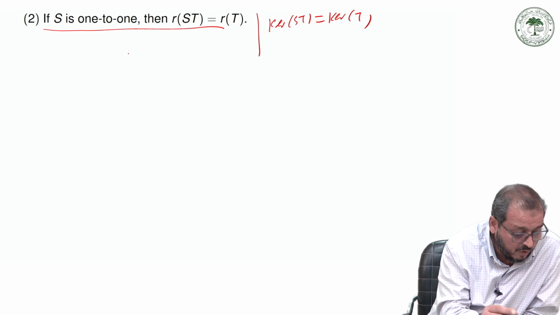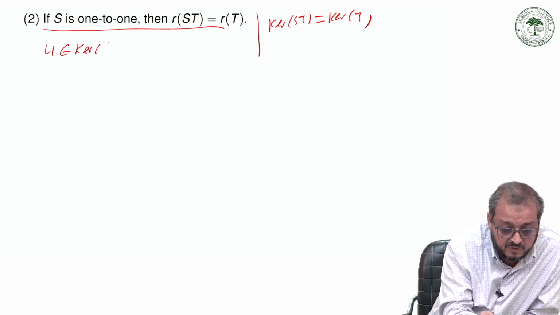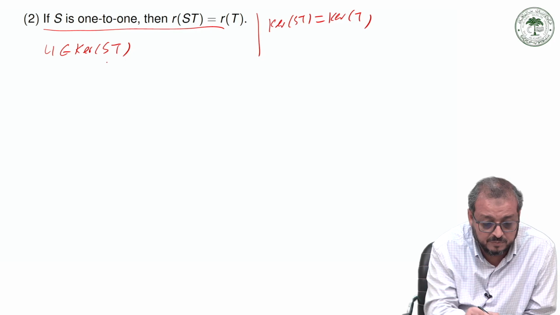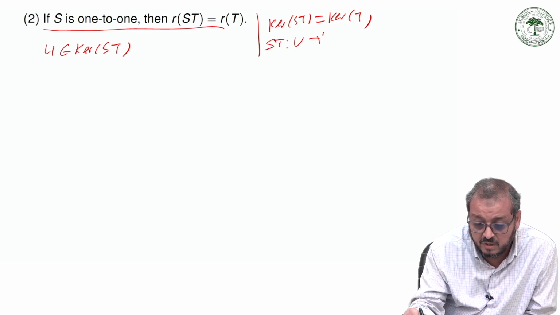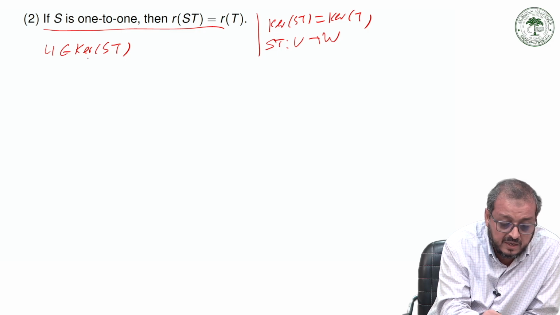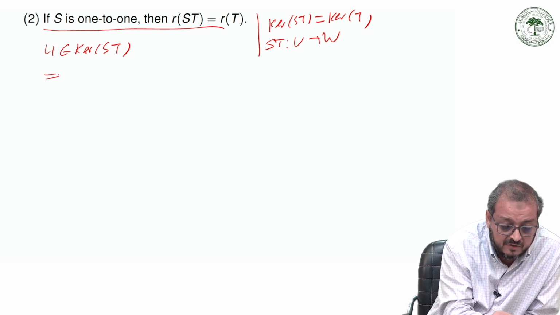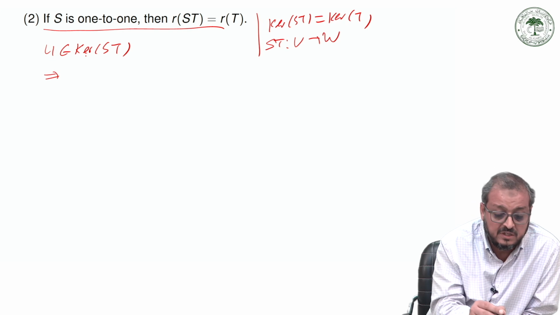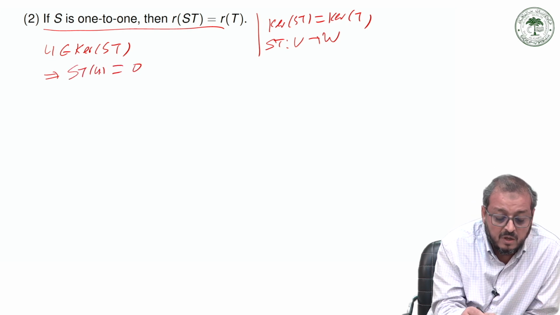We take u as any element of the kernel of ST, because ST is always a map from U to W. So if u is an element of the kernel of ST, we can say that ST of u is equal to 0.